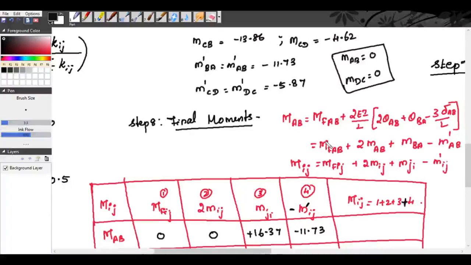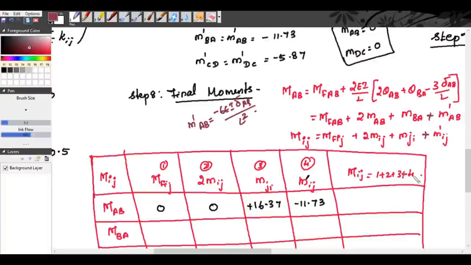Otherwise, I will tell you, this is the distribution contribution. Okay, the reason is, I made a mistake. M dash AB is minus 6 EI del AB by L square, so here it is actually plus.